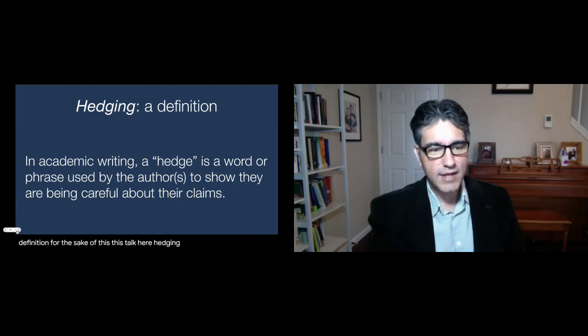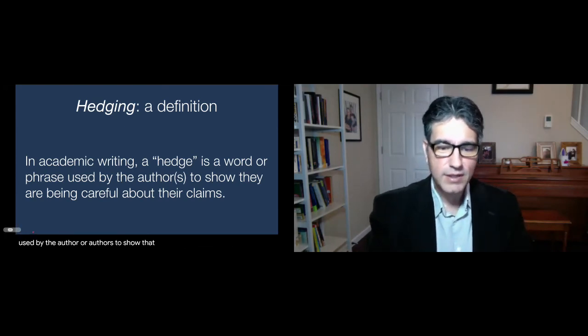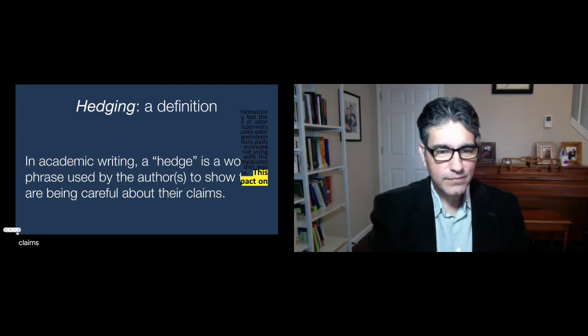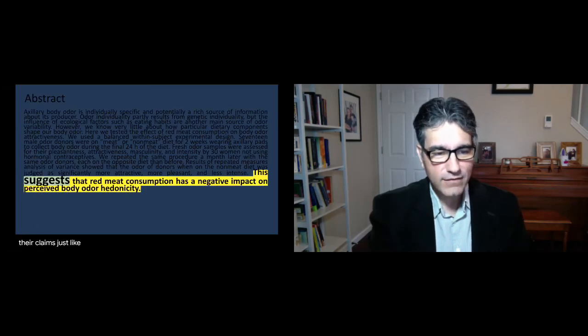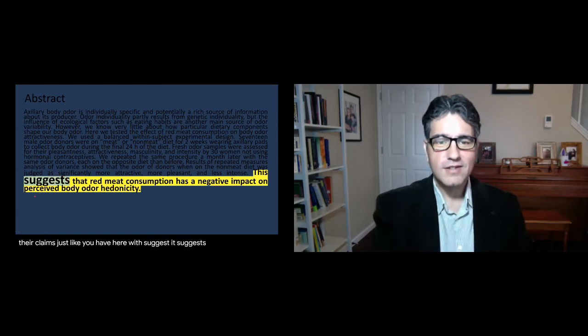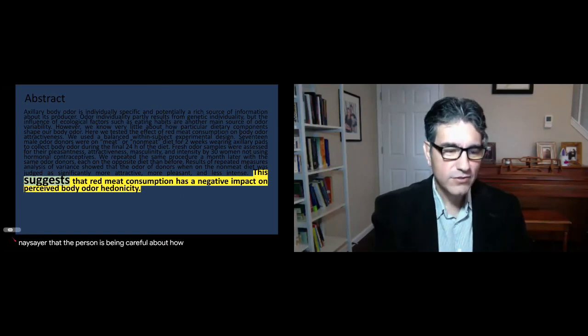A hedge is a word or phrase used by the authors to show that they are being careful about their claims. Just like you have here with suggests. It suggests to the naysayer that the person is being careful about how they're structuring their claim.